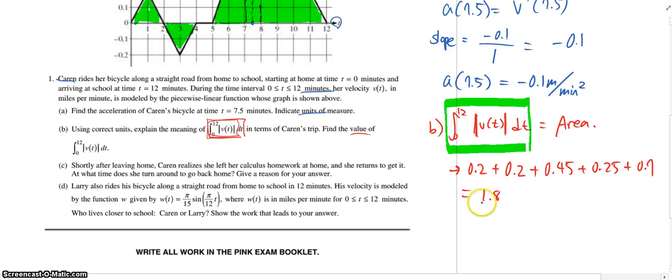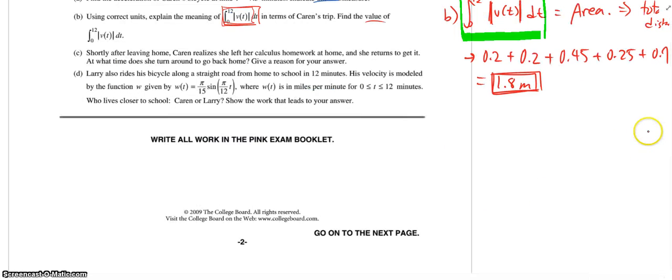So 1.8 is the area, which is the total distance. This means the total distance that Karen traveled from the start to 12 minutes. Because this is just distance, the unit is meters. So this is the value of this notation.